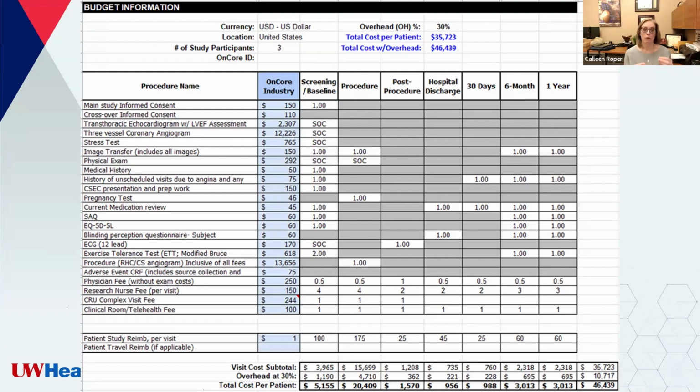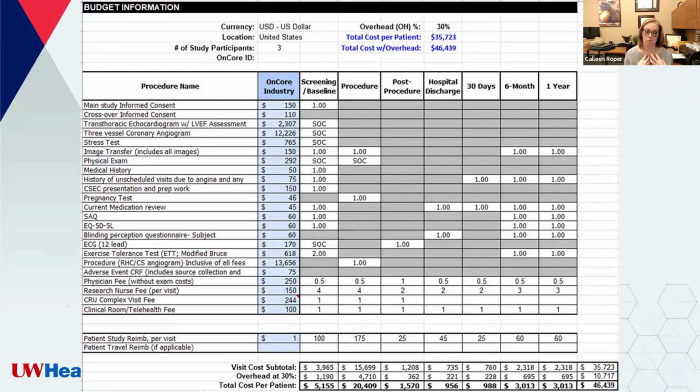Again, it's about knowing what is standard of care during those visits versus what actually needs to be charged. The ones marked for us tell us that is being charged directly to the research project. We wouldn't do it otherwise. Towards the bottom, we have our physician fees and our research nurse fees. If this was an old one, we had CRU visit fees rather than the level fees.